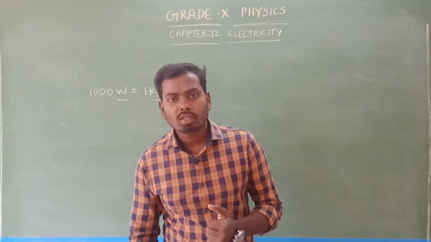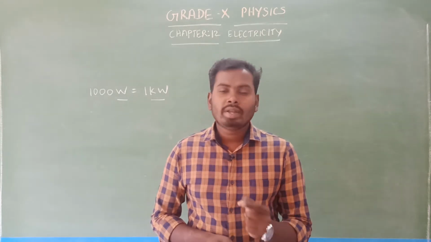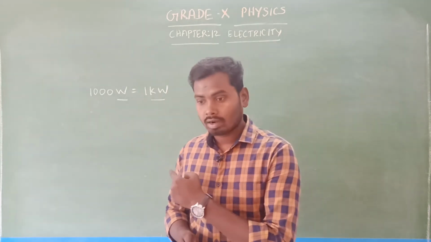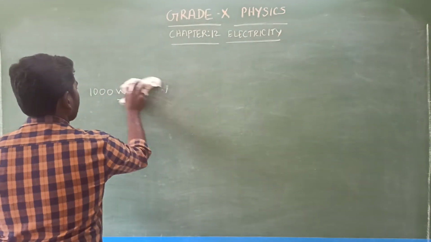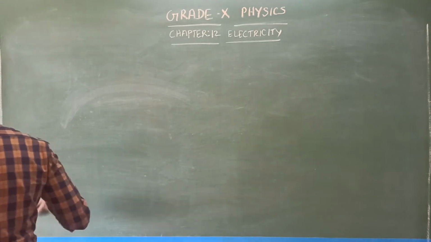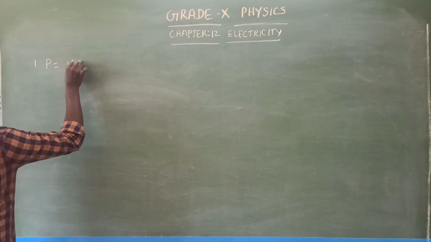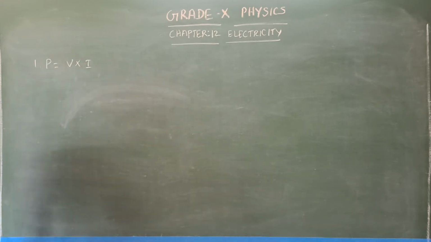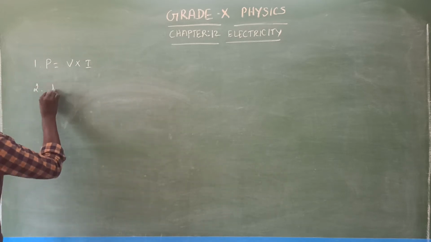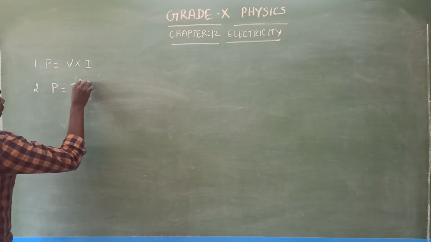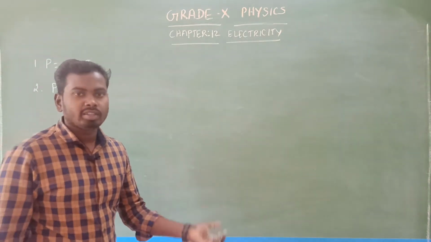The first formula is power equals voltage into current: P = V into I. The second formula is P = I squared R, which is also a formula for calculating the power rating.